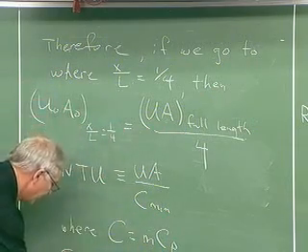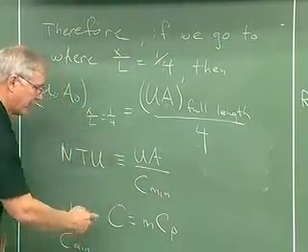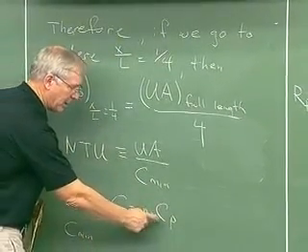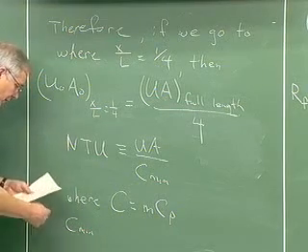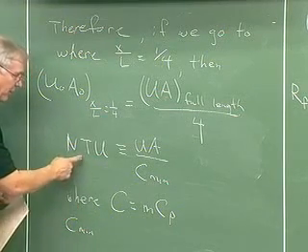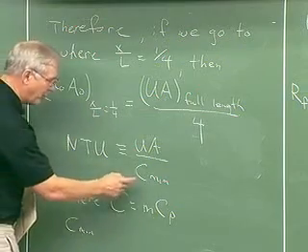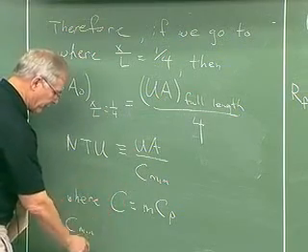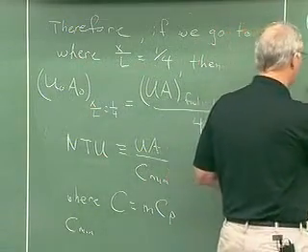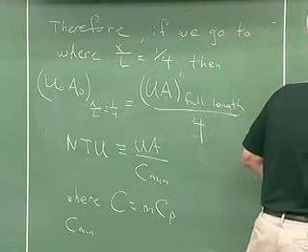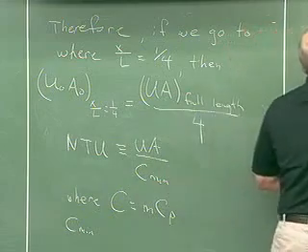And C min is the lesser of m dot hot Cp hot versus m dot cold Cp cold. Okay, well, if we know the number of NTUs and we know the ratio of C min versus C max, I'll write that up here.